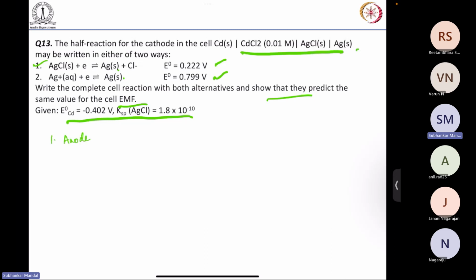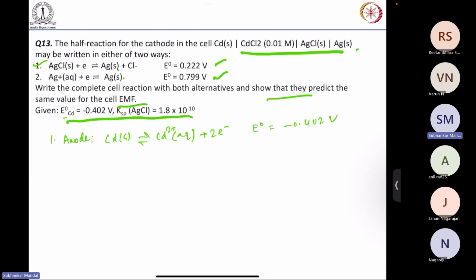Where the oxidation happens. Cadmium goes to cadmium 2 plus, and this is a 2 electron process. So E naught, I can write E naught as minus 0.402 volt.